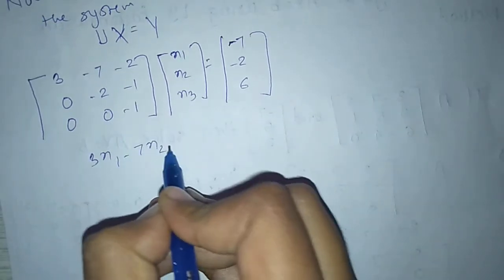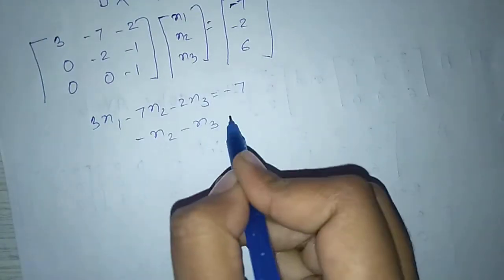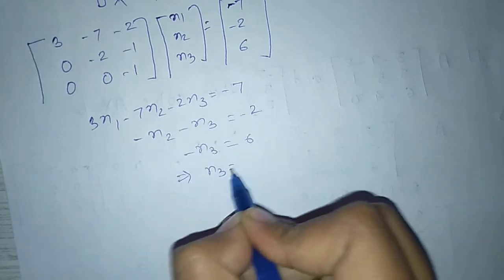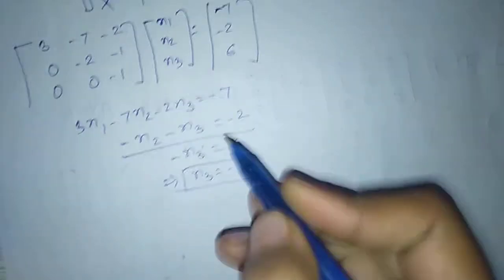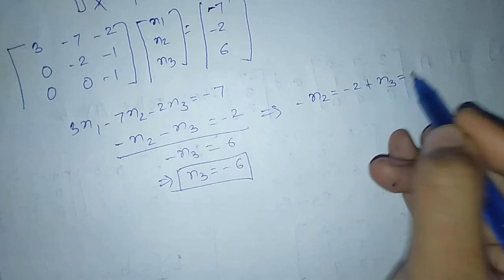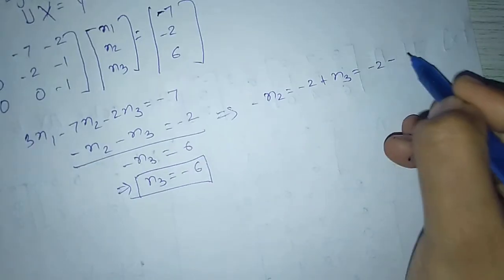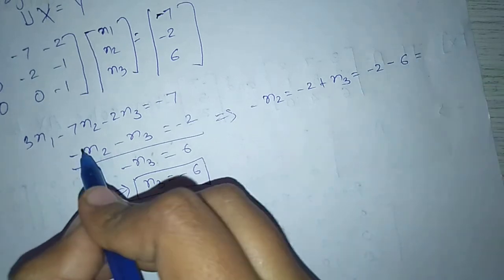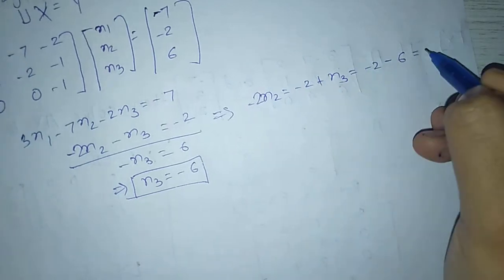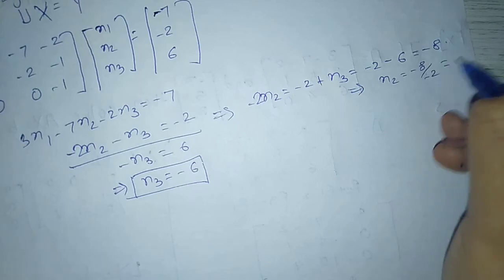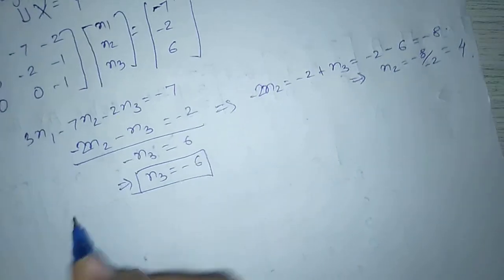From this system we get equations: 3x1 minus 7x2 minus 2x3 equals -7, -2x2 minus x3 equals -2, -x3 equals 6, which implies x3 equals -6. Then -2x2 equals -2 plus x3, which is -2 minus 6 equals -8, which implies x2 equals -8 upon -2 equals 4.